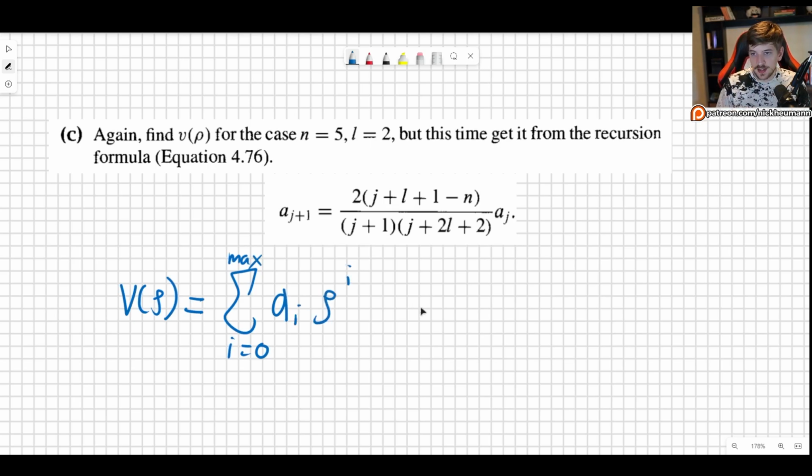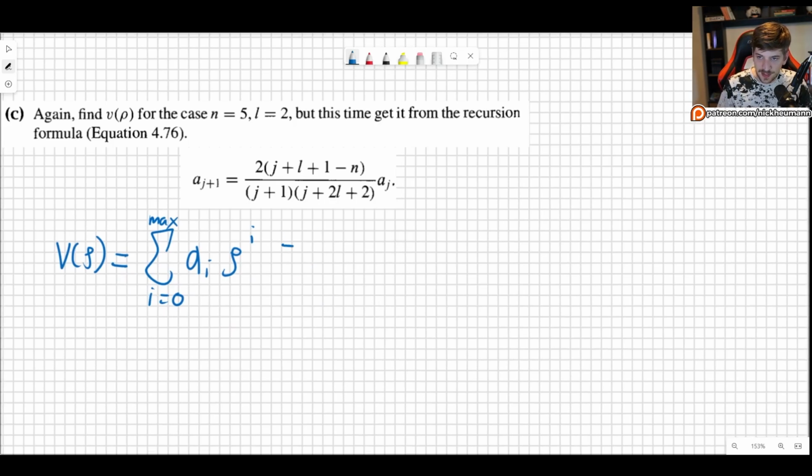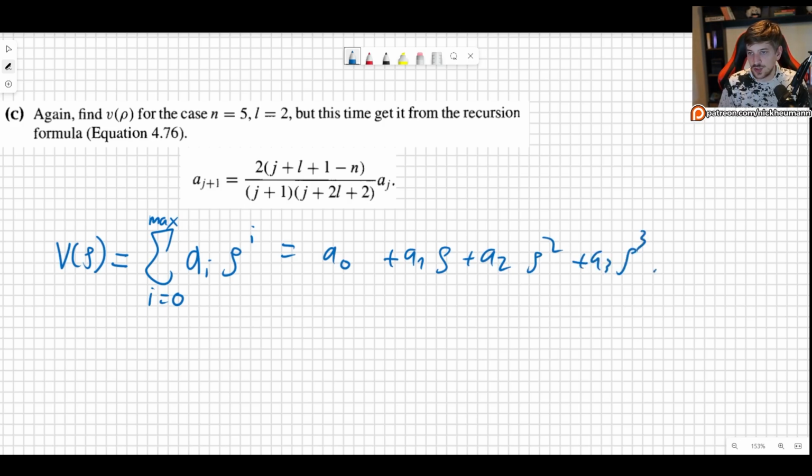Okay, so that of course means this is a0 times rho to the 0th power, which is 1, so simply a0, and then plus a1 times rho, plus a2 times rho squared, plus a3 times rho cubed, etc.